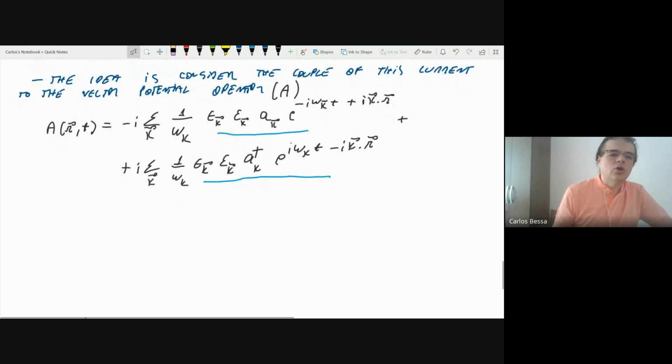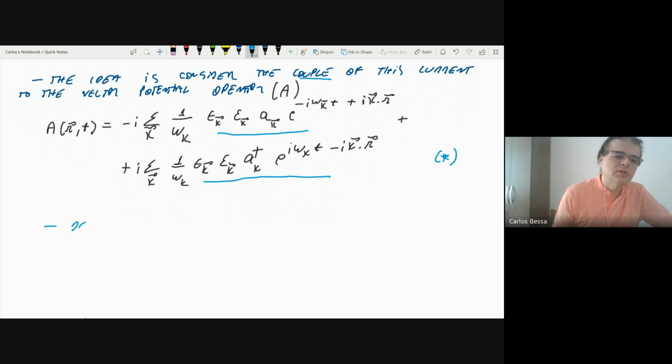Okay, and to make the coupling between this operator, I'll call this equation star, because I'll use it in the future. So the coupling of this equation star with the current distribution will be given this way.